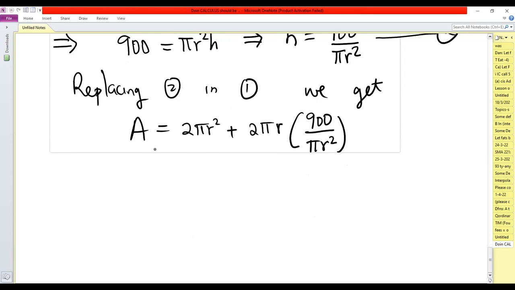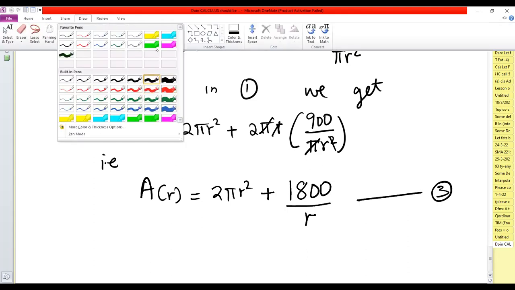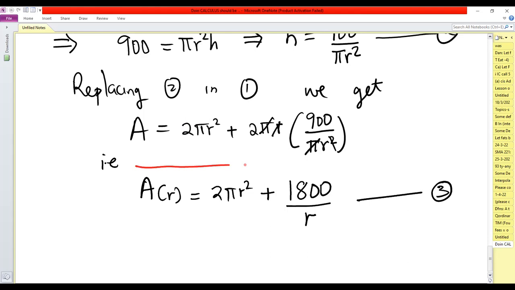Simplifying, the area, which is now simply a function of r, is 2 pi r squared plus, since r and r cancel, 2 times 900 is 1800, and pi also cancels out, so 1800 divided by r. Let's call this formula 3. So we have successfully expressed the area as a function of radius, because pi is just a constant.